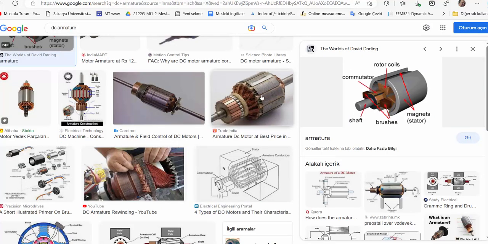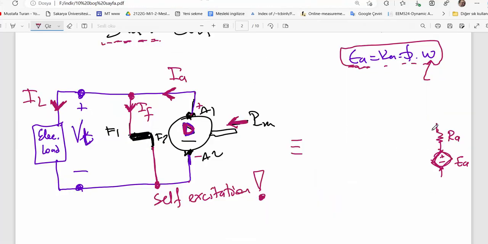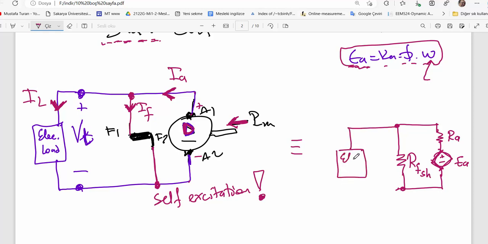As you see, here are copper windings. That is the resistance of the copper windings. And here is the shunt field, let's say shunt resistance. I have not dealt with inductances because they have no effect in steady state. And here is the electrical load.